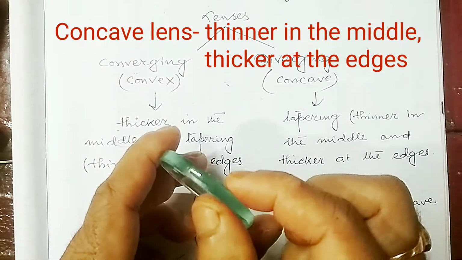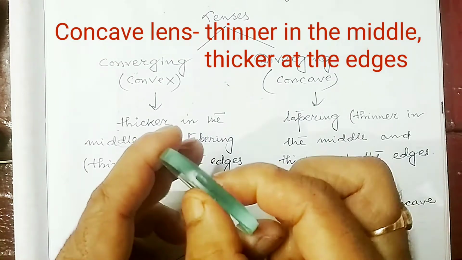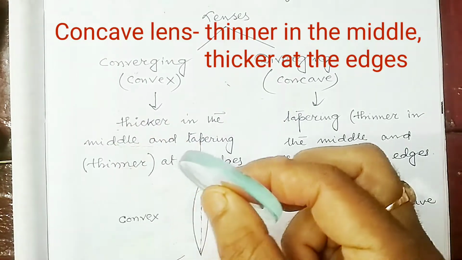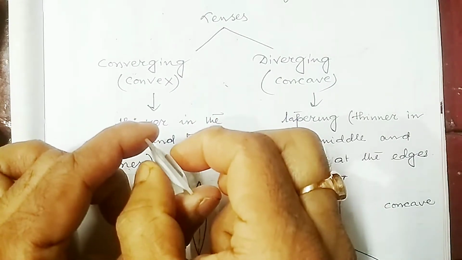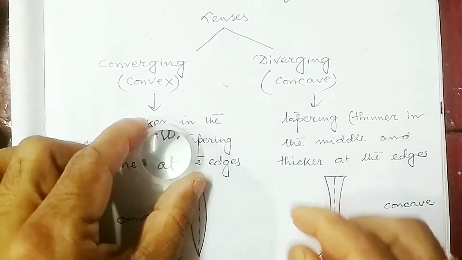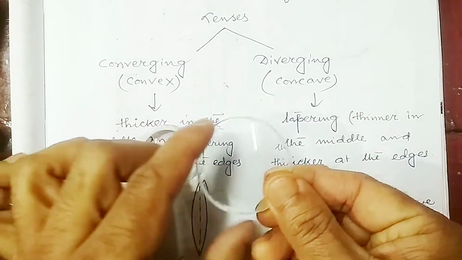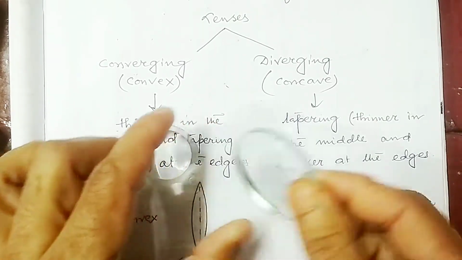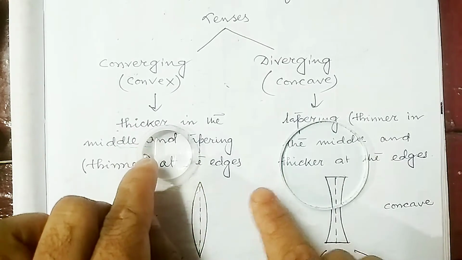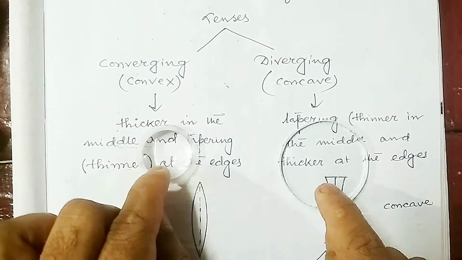So if I compare two lenses, in case of a convex lens, the central part is thicker and boundaries are thinner, whereas in case of a concave lens, the central part is thinner but the boundaries are thicker. So what is a convex lens and what is a concave lens? I think this is now clear.